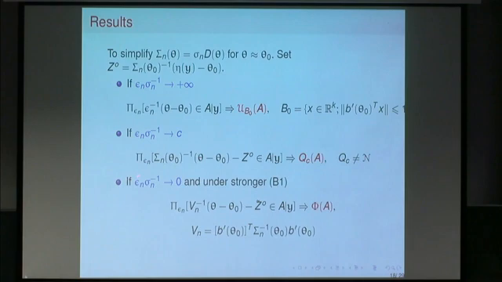Now, if epsilon n is much smaller than sigma n, then you have a Bernstein-von Mises result in the sense that the posterior distribution of this recentered and rescaled theta is normal with mean 0 and variance identity, and the rescaling is this quantity, which is exactly the variance of the recentering point.